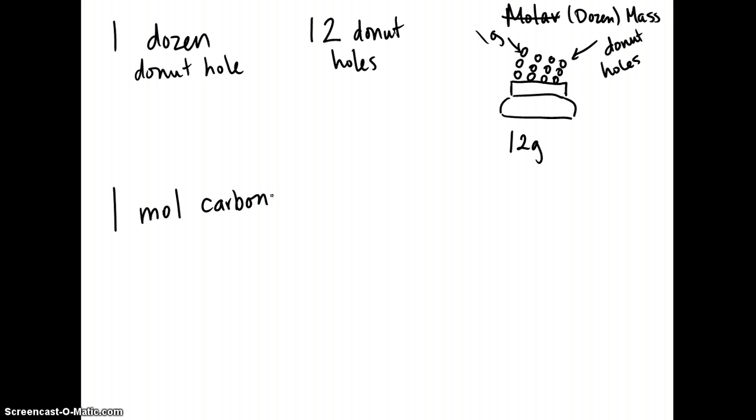You will remember, hopefully, that a mole means that you have 6.022 times 10 to the 23rd atoms of carbon. It's not just a number by itself. It is a quantity, just like a dozen is a quantity. So 1 mole of carbon is this many atoms of carbon.